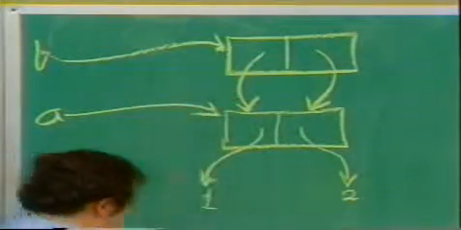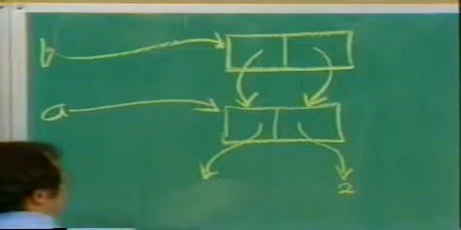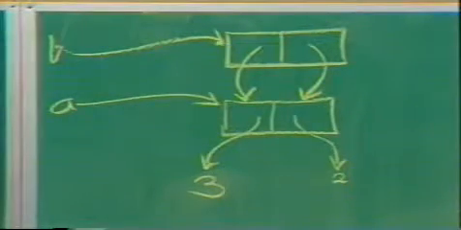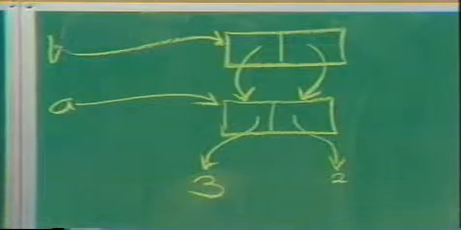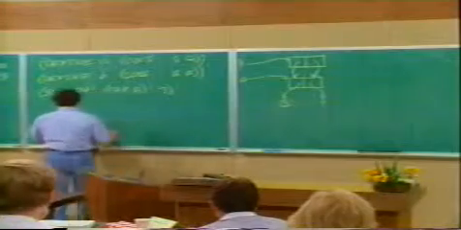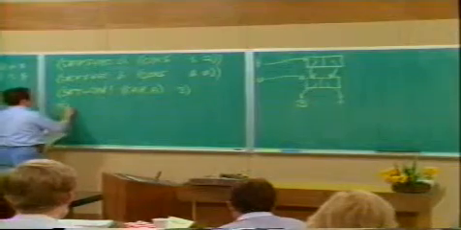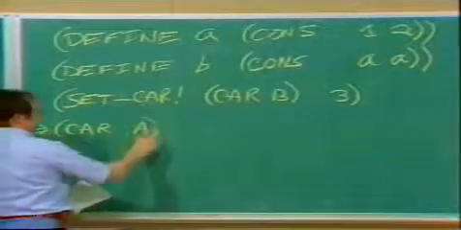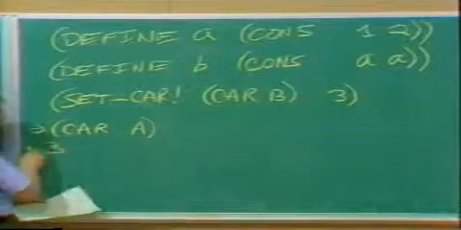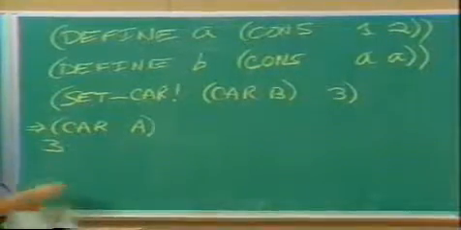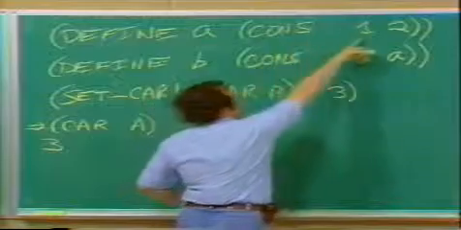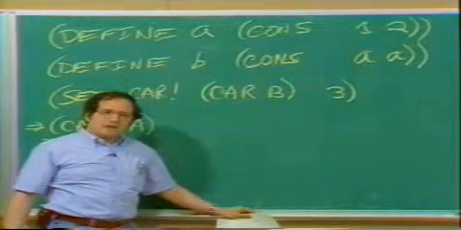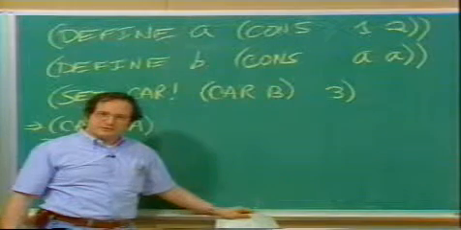I set the car of that to be 3, changing this. I've changed A. If I were to ask, what's the car of A now, I would get out 3, even though here we see that A was the cons of 1 and 2. I caused A to change by changing B.